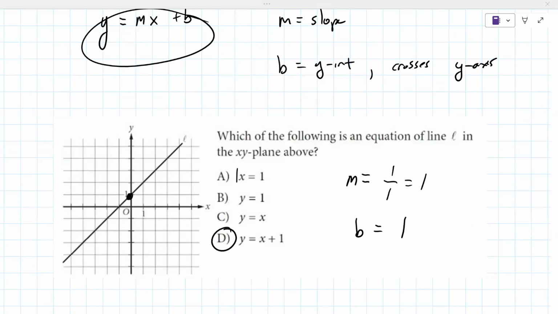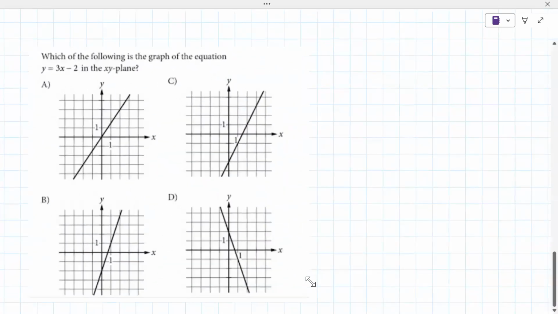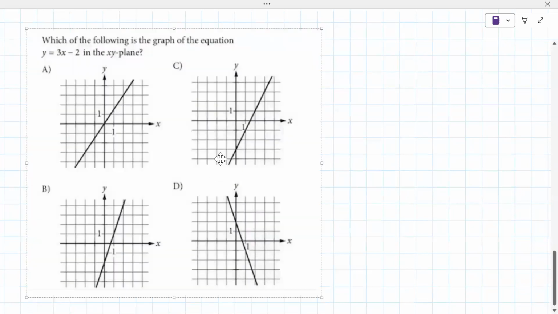That's one in front of you. You're going to look at the equation that's given, determine the slope, and determine the B value, and that should be enough to answer the question.